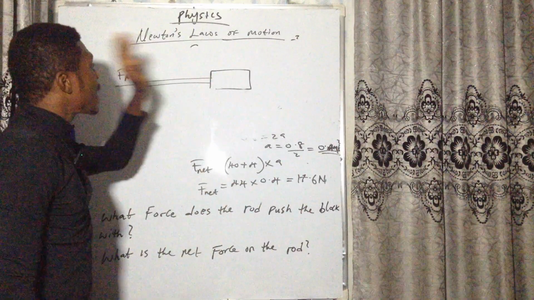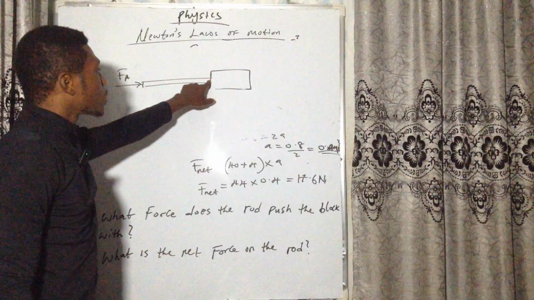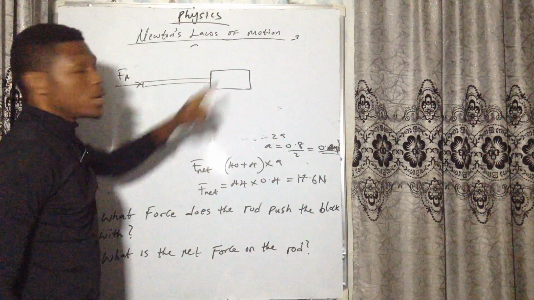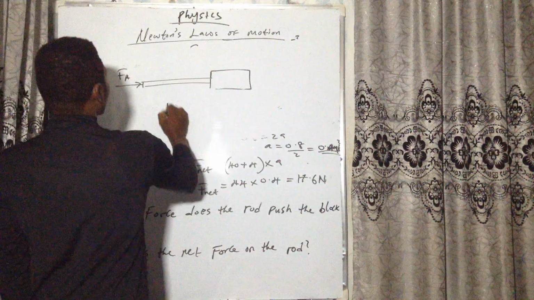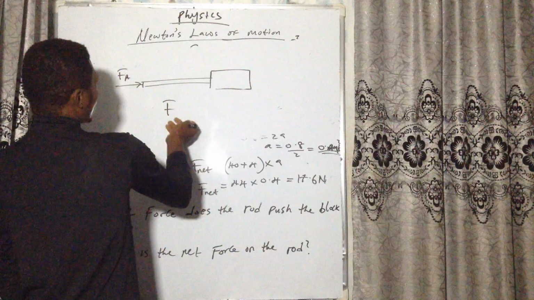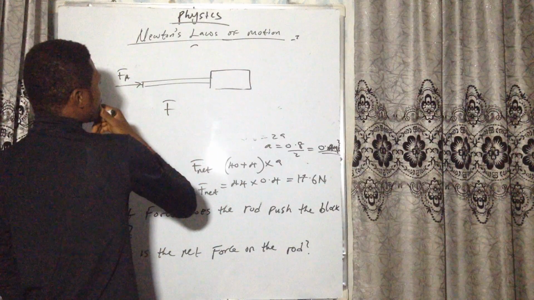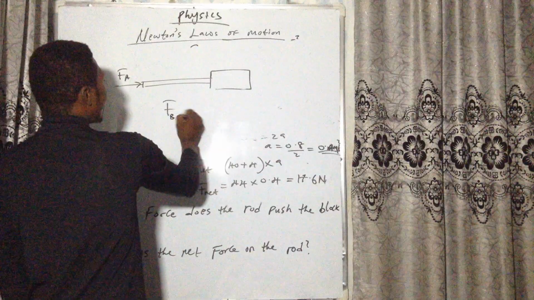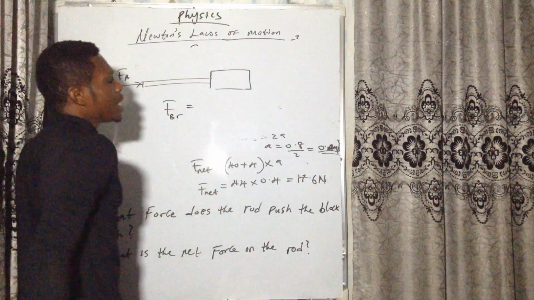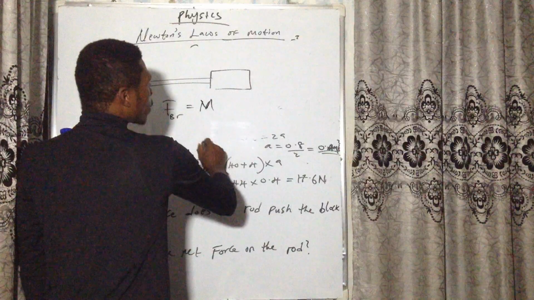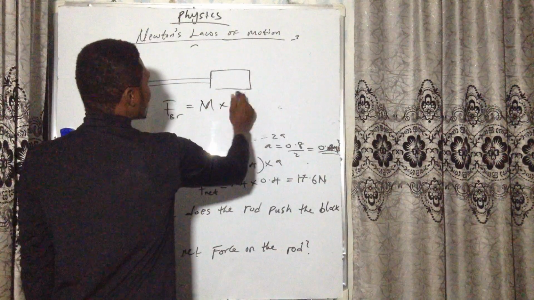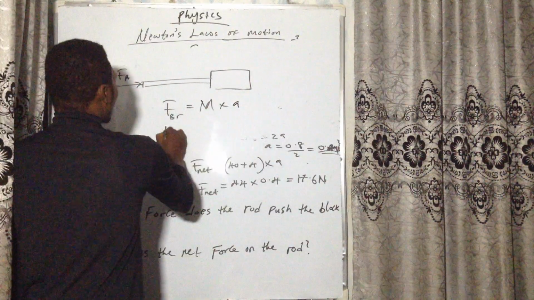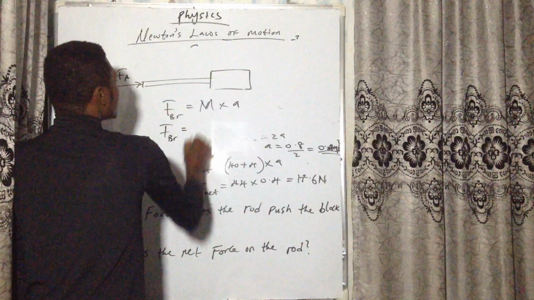We are concerned with this contact force here. Let's call it F, the force on the block due to the rod. FBR is equal to the mass of the block times the acceleration.